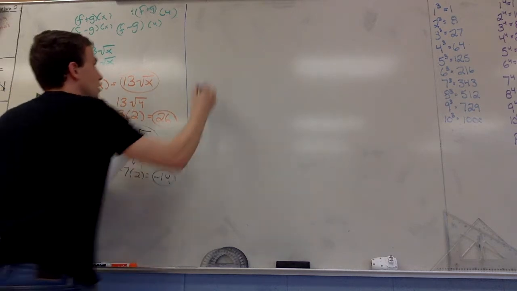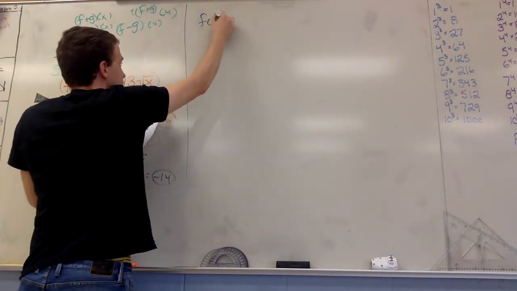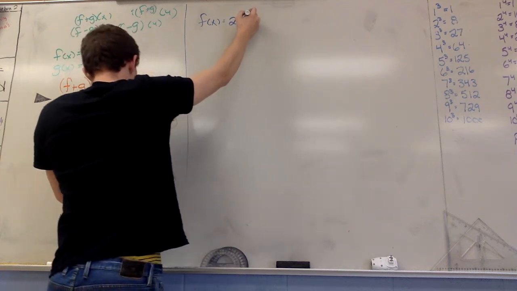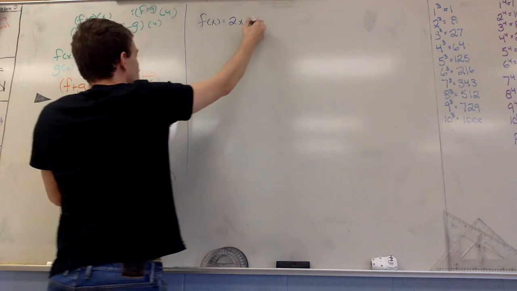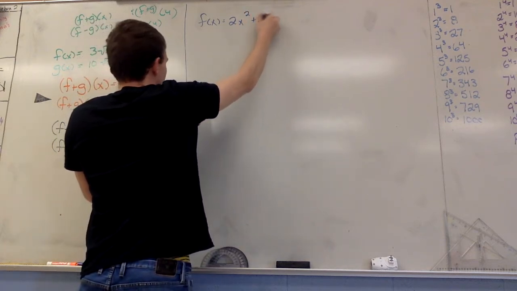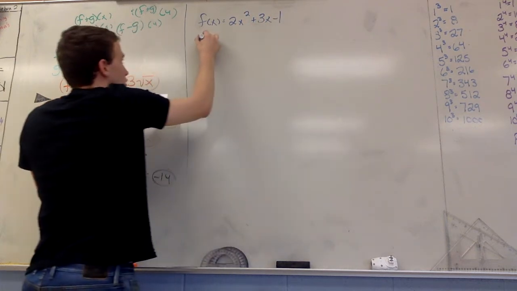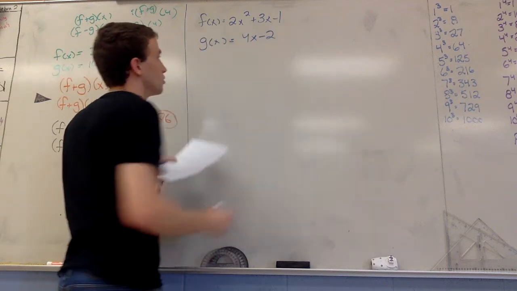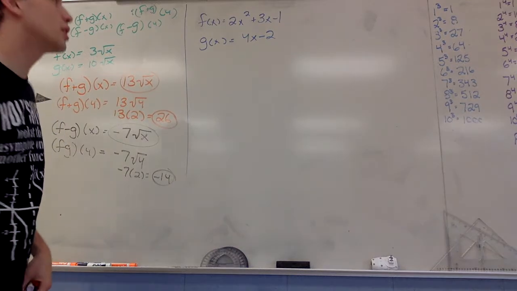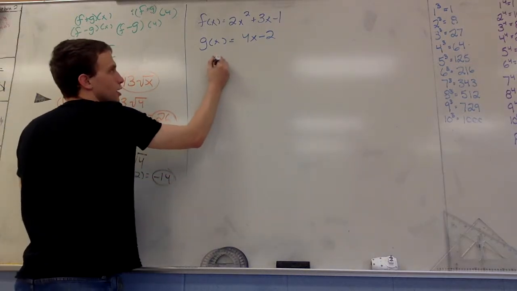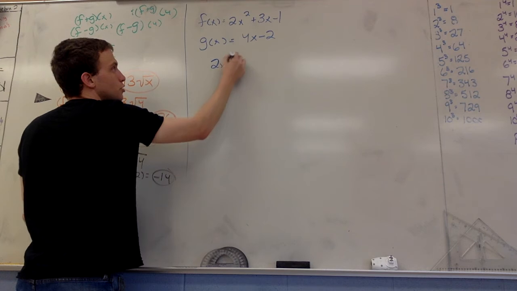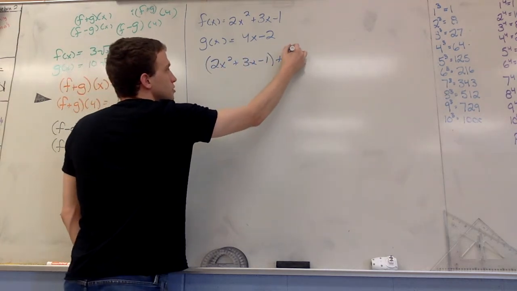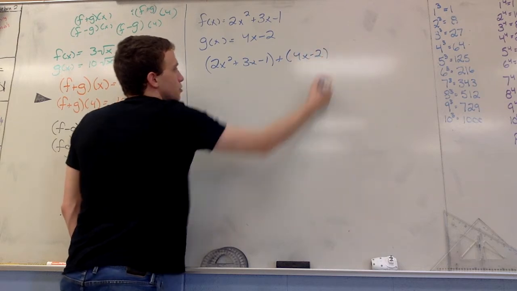Now, next one, f of x is 2x squared plus 3x minus 1. g of x is 4x minus 2. So I need to find the sum, so I need to add them together. So I need 2x squared plus 3x minus 1 plus 4x minus 2.